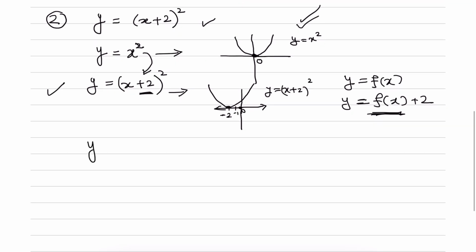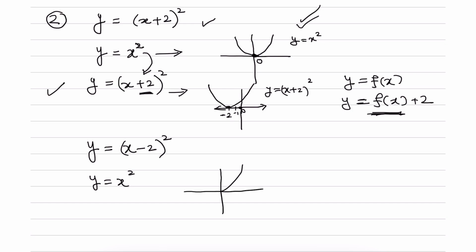Let's say now you have to sketch the graph for y equal to (x minus 2) whole square. Again, first we will consider the base graph only, which is without this -2. So the base graph is y equal to x square. We know its shape, which is this one.